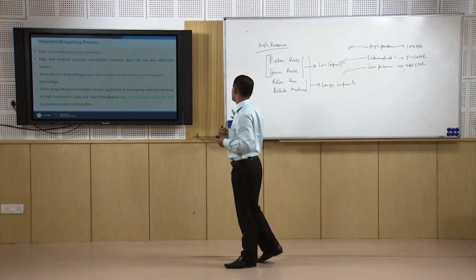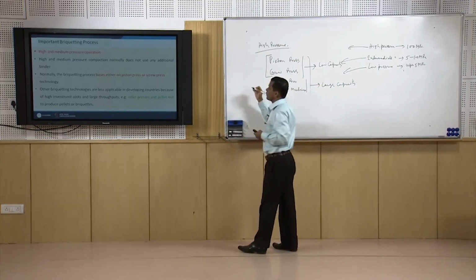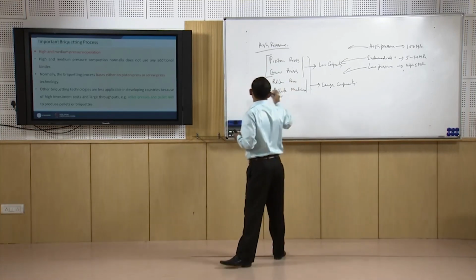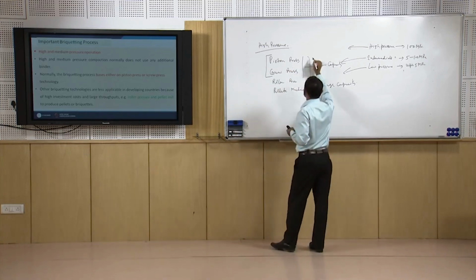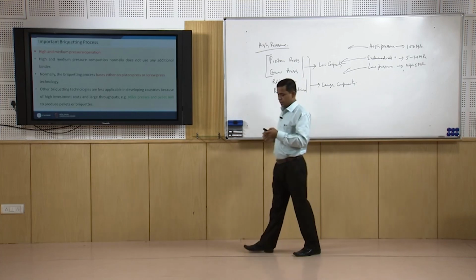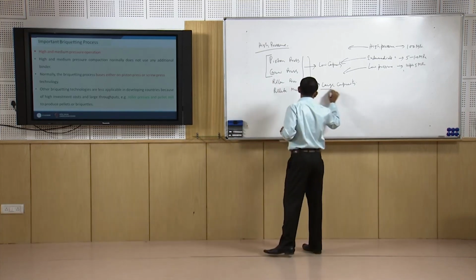Like in our country, the briquettes are normally used in domestic sectors and very little in industrial sectors. So, piston press and screw press are mostly used, but roller press and pellet machines can be used for large capacity.